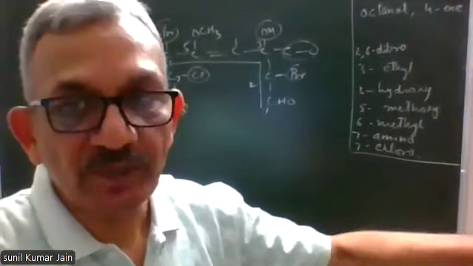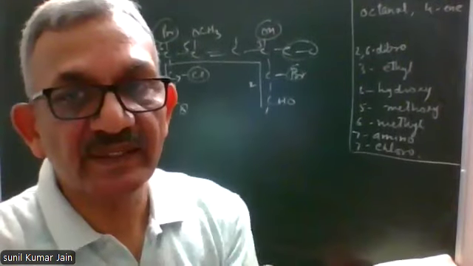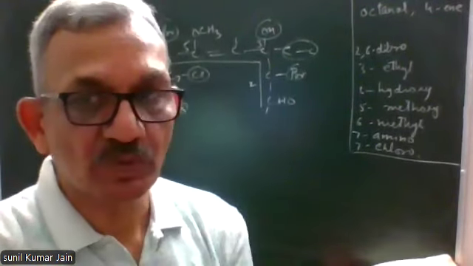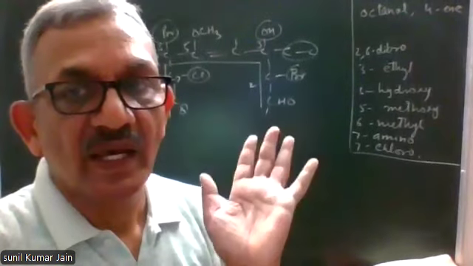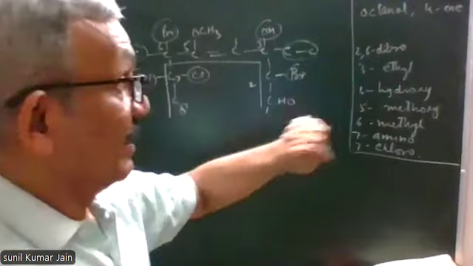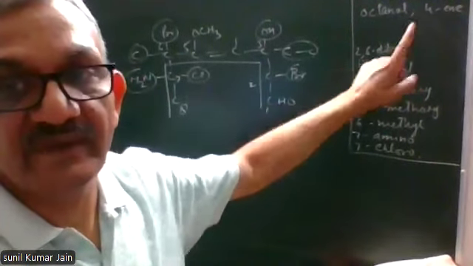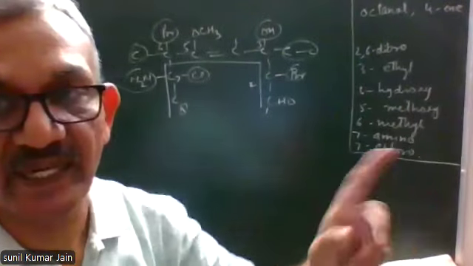Now, when I write IUPAC name of the compound, only the first letter will be capital letter, remaining all will be small letters. I'll arrange these substituents in alphabetical order. Prefix D of di will not be considered in alphabetical order.